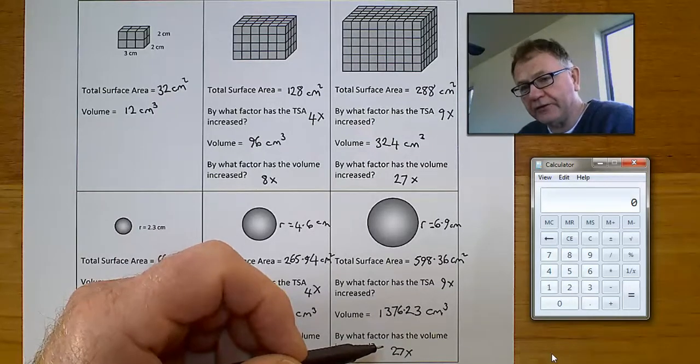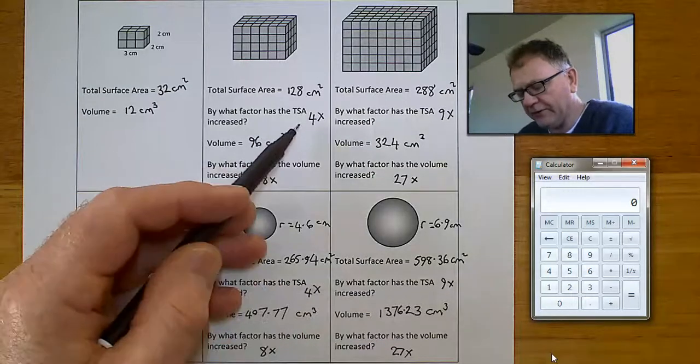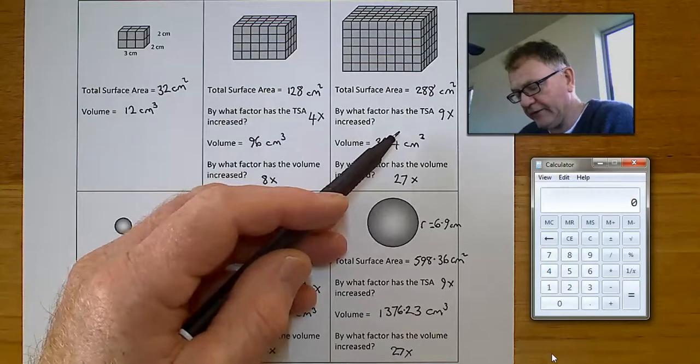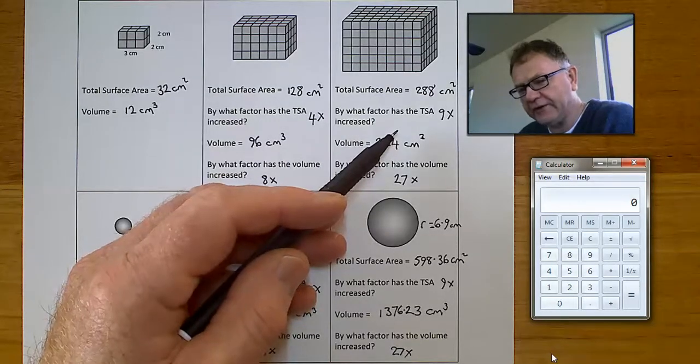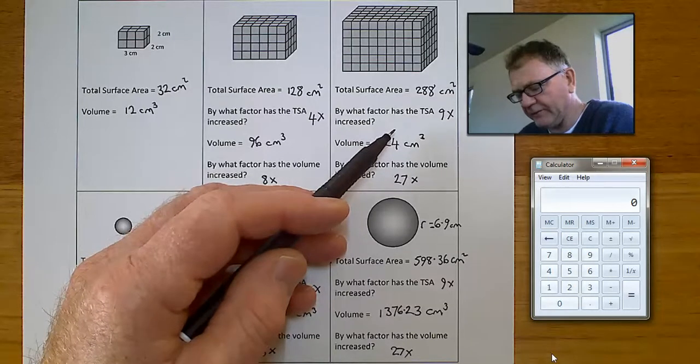The surface area of the shape is increasing with the square of the scale factor. You double it, and 2 squared is 4. The surface area is 4 times as big. Or if you triple it, 3 squared is 9. So the surface area is 9 times the size of the original.